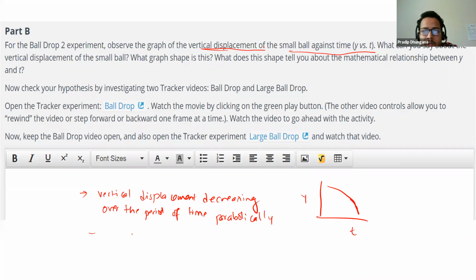And what does this shape tell you about the mathematical relationship? The shape is parabolic. Third one is, what does this shape tell you about the mathematical relationship between Y and T? So Y is directly proportional to negative T square. So we should have that relationship. So that is all about part B.